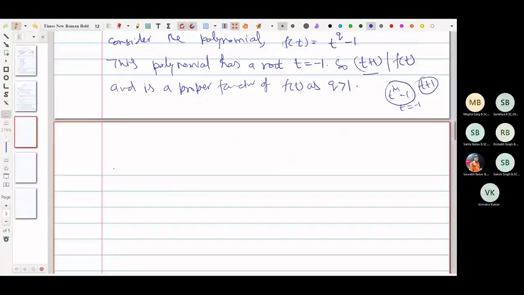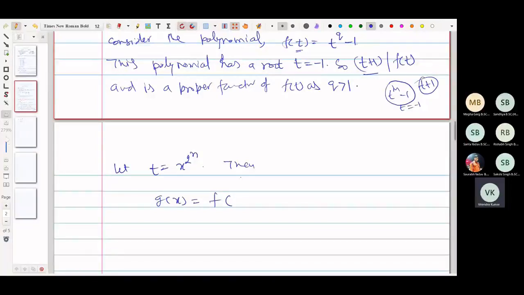So now let us put t equals x to the power 2 to the power n, like this. Okay, then g(x) equals f of x to the power 2 to the power n. Let us substitute x to the power 2 to the power n into t to the power q minus 1 here.